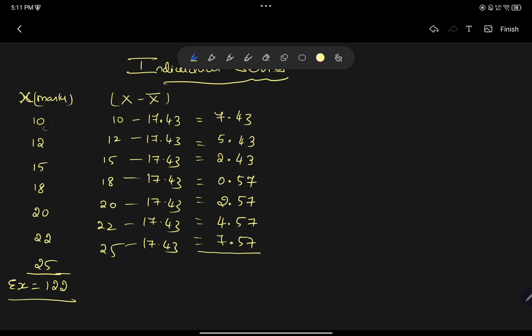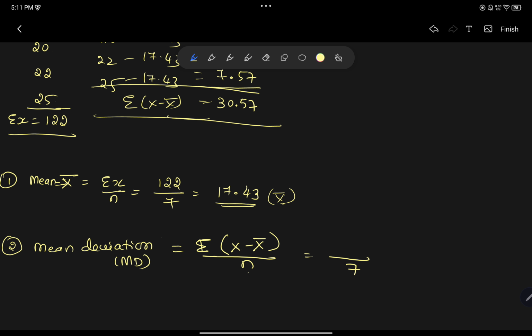The total of summation of x minus x bar, if we add all these, we get 30.57. Now we divide 30.57 by 7, and 4.36 is the mean deviation.